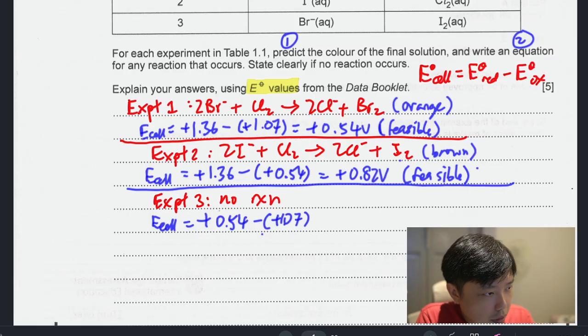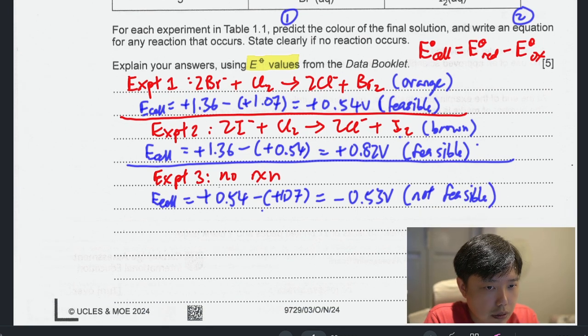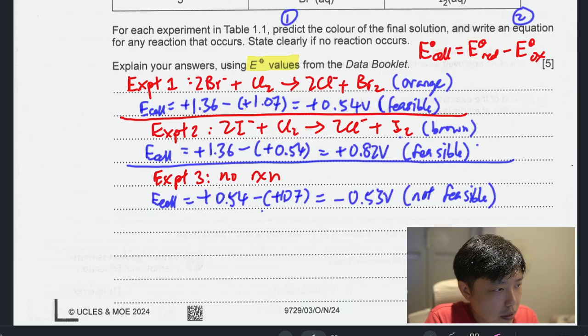That will give you a negative 0.53 volts. So it's not feasible. That's it for the 3 reactions.